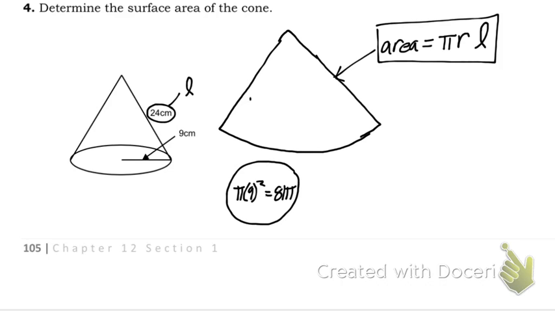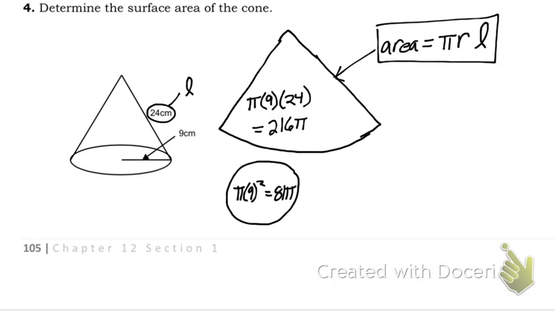So pi r L, you need to know it. So the area of this one is going to be pi times our radius, which is 9, times our length, which is 24. That's going to equal 216 pi.